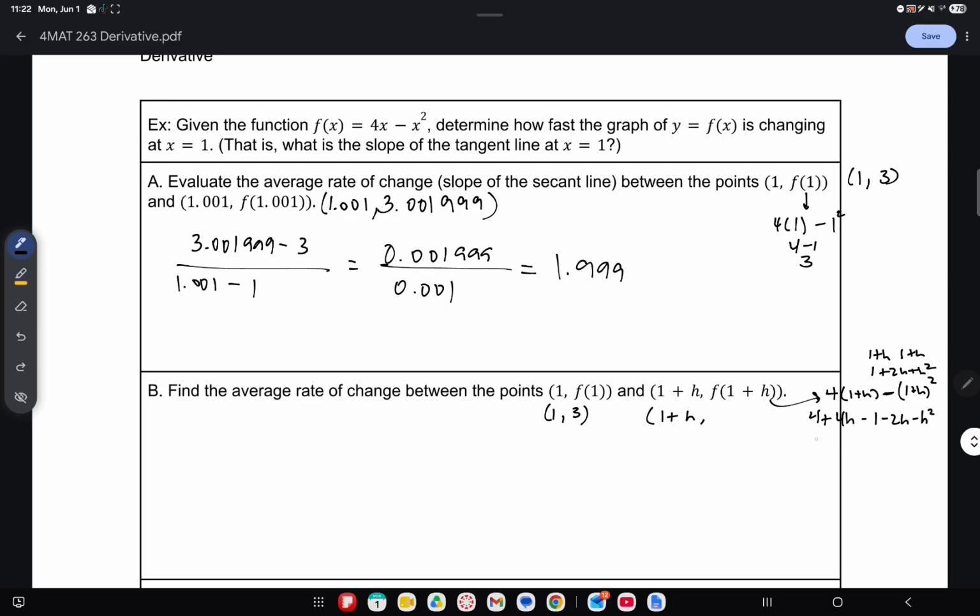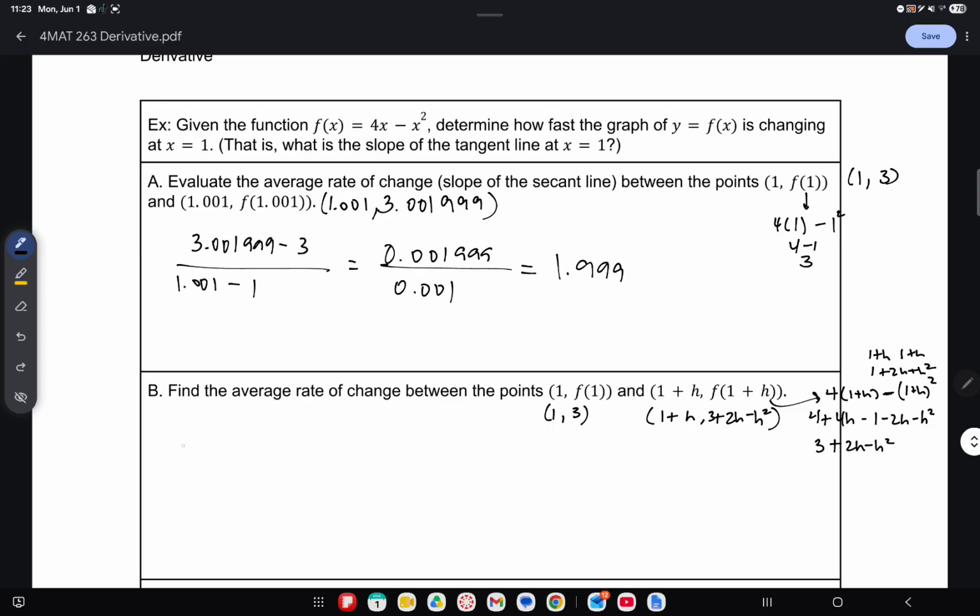Let's combine some like terms. So that's going to give me 3 plus 2h minus h squared. I'll just rewrite that here. 3 plus 2h minus h squared.